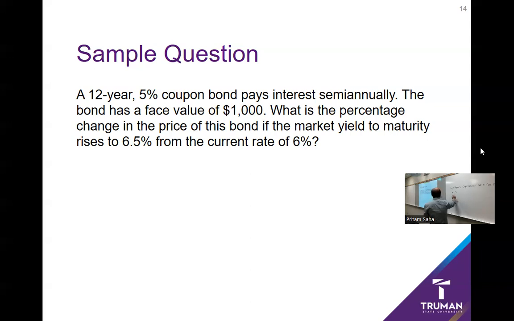3. It's an annual payment. 5% coupon, semi-annual payment, 50 or 25?